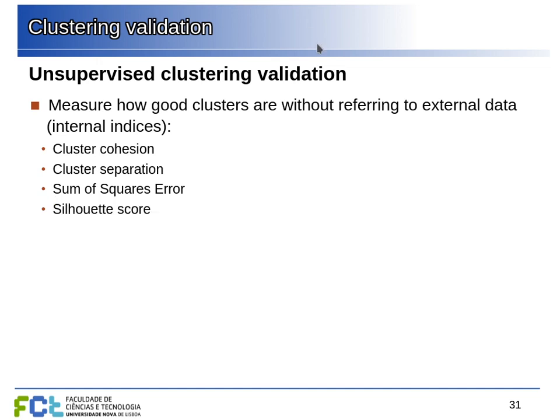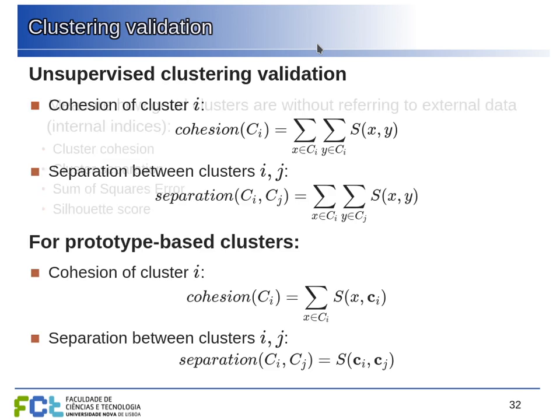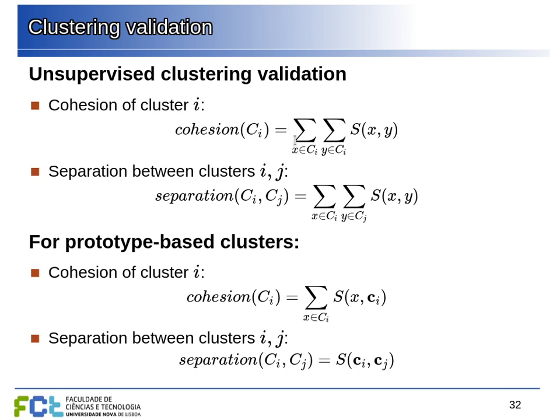So these indexes can give us some idea of how good our clusters are, but only from the perspective of trying to optimize the separation between the clusters and the cohesion of each individual cluster. So the cohesion measure would be the sum of the similarity of each pair of points, considering all the points that belong to this particular cluster.